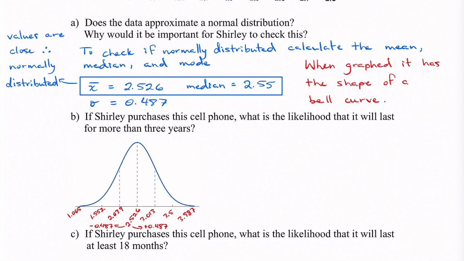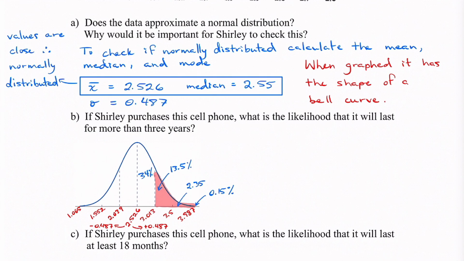So again, it asks for more than 3 years. If this is at 3 years, we want more than that. So if I highlighted past 3 years, that's going to be all of this here under the curve. And writing our percentages in there, remember this one was 34%. Then this next one was 13.5%. And then the next was 2.35%. And then the last really tiny one is 0.15%.